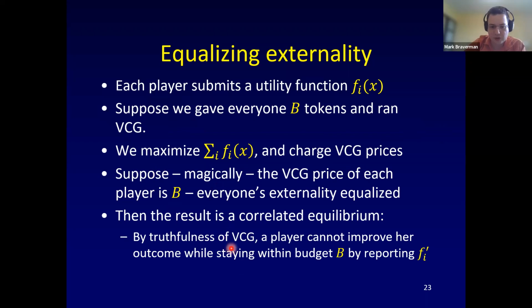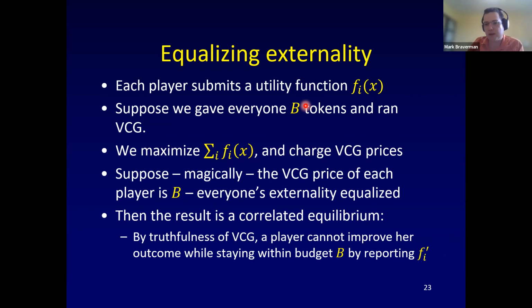VCG is truthful, which means that a player cannot improve her outcome while staying within budget B by misreporting her preferences. Even though those are not real tokens, if you freeze all the players except for you, and we say you're allowed to report whatever fi prime you like, we will just rerun VCG, and you're allowed to report any fi as long as you don't exceed B tokens.